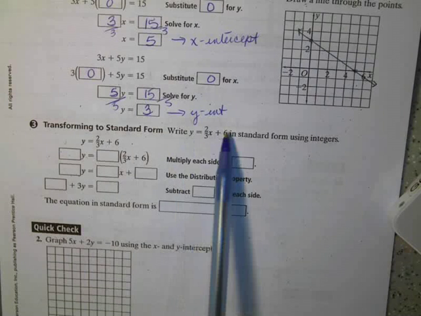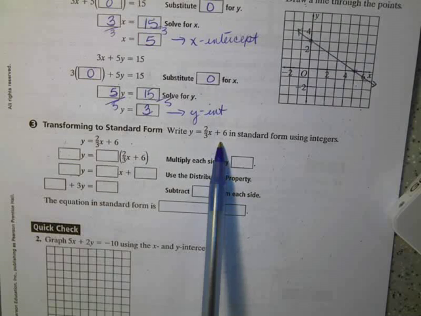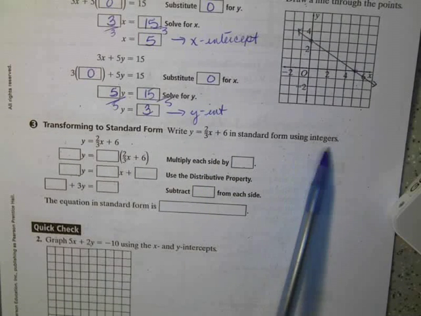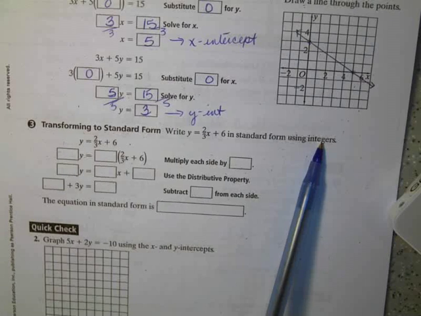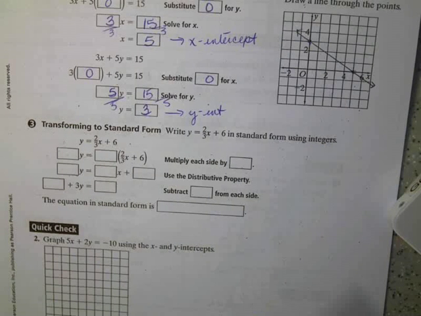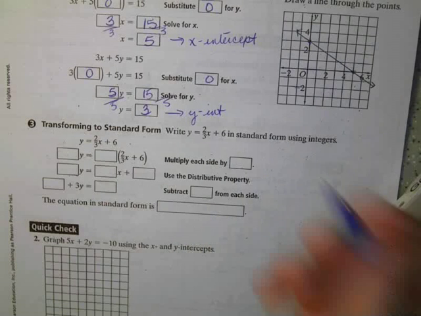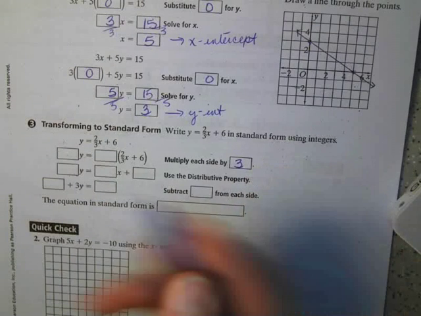Okay, now transforming to standard form. So we might have an equation in slope-intercept form, and we want it in standard form. Basically what that means is we want everything, or as much as we can, to be in integers. So the first thing we'll do is multiply both sides of this equation by 3.